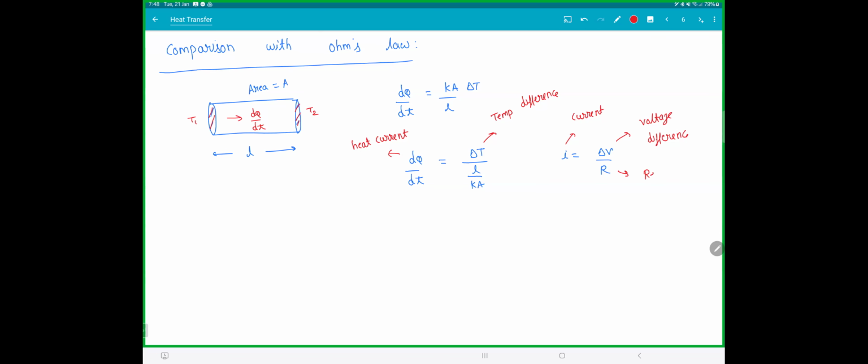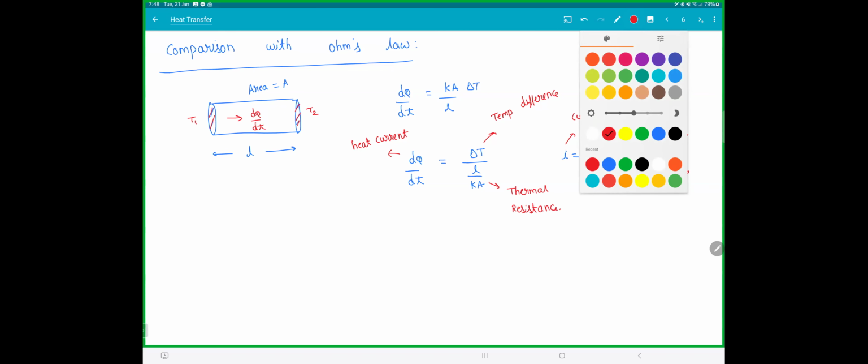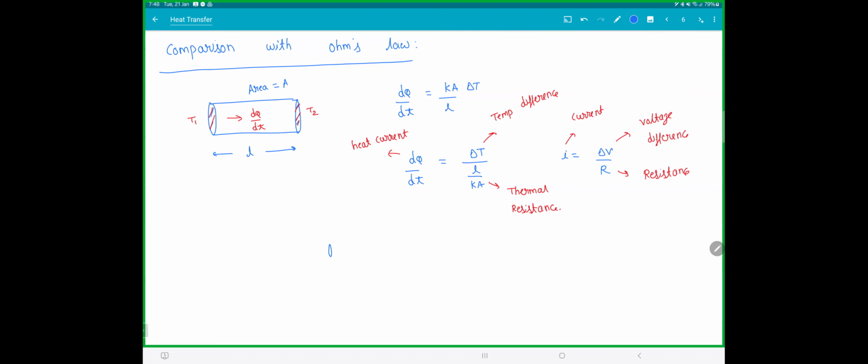So this is your resistance. The denominator here looks like thermal resistance. R is the opposition to the current flow, and this is the opposition to the heat flow. That means when you have this rod with length L, thermal conductivity K and area A, you can replace it with a resistor R, which is L by kA.